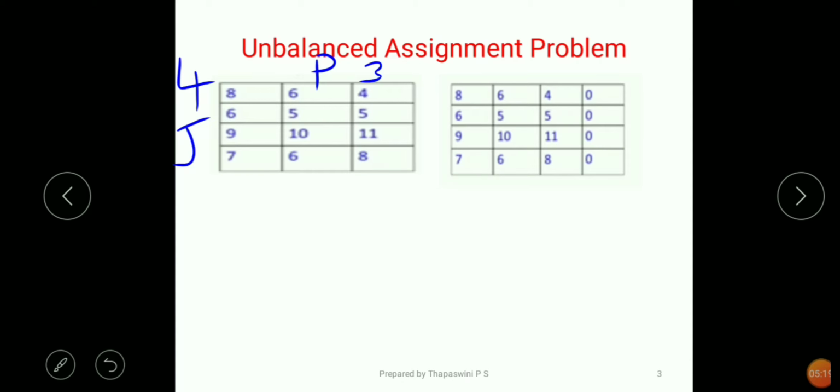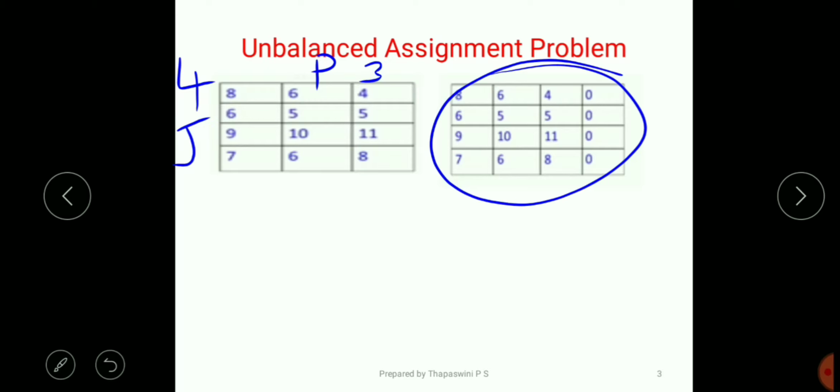So this is the matrix that we have created by adding a fourth imaginary person to make the unbalanced assignment problem a balanced one.